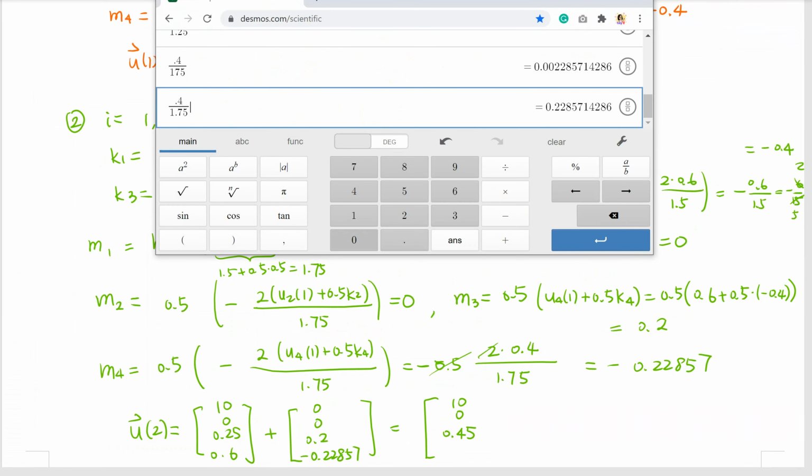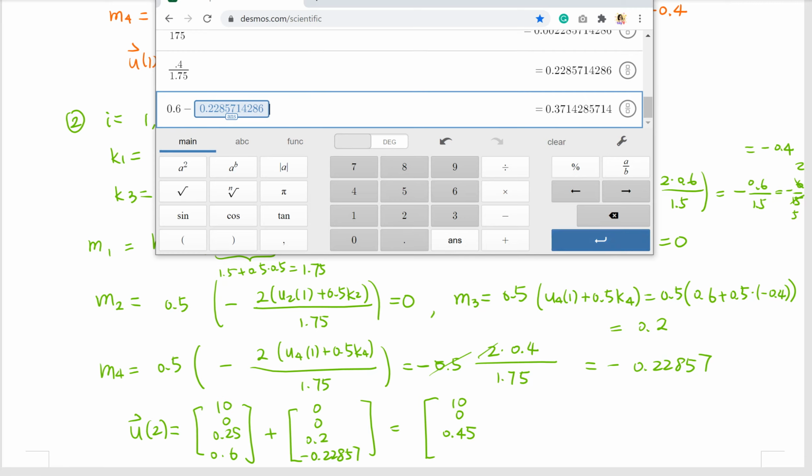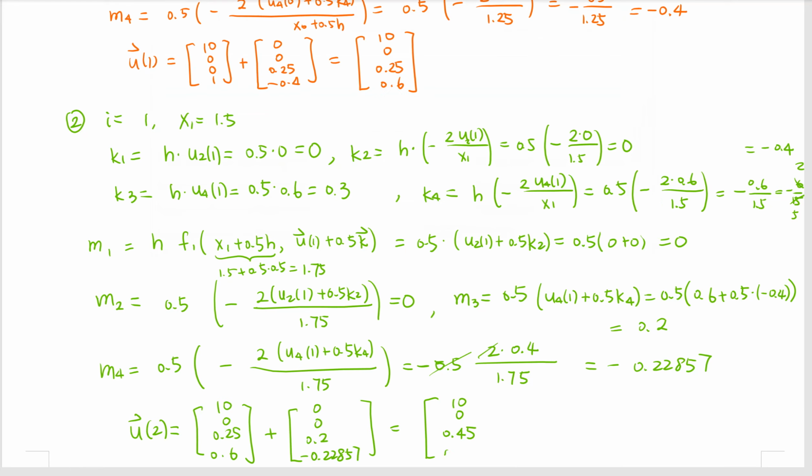We should do enter first, and then we do 0.6 minus our answer. 0.37143. Okay, so it's enough to keep 5 decimal places in your calculations. So far, so good, everybody.